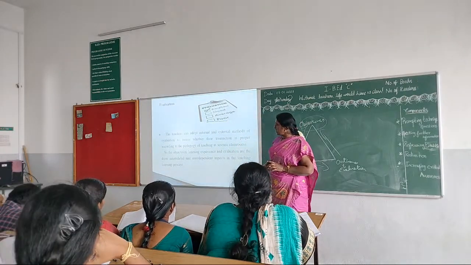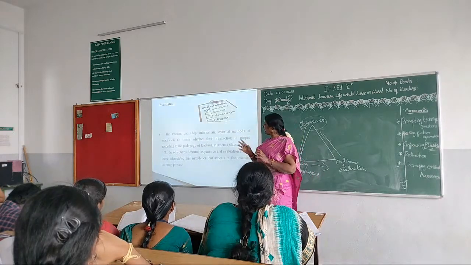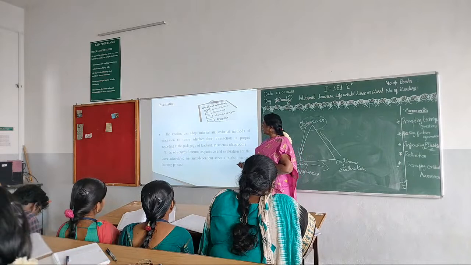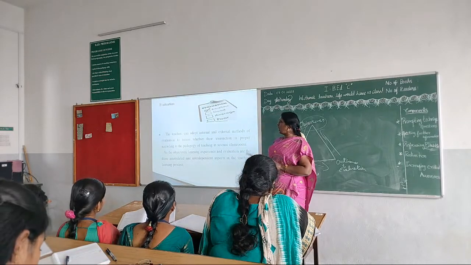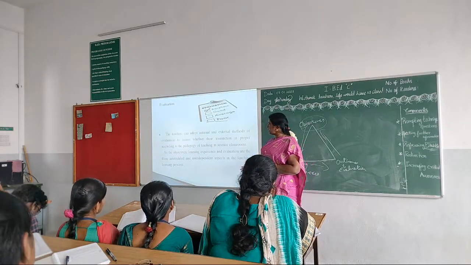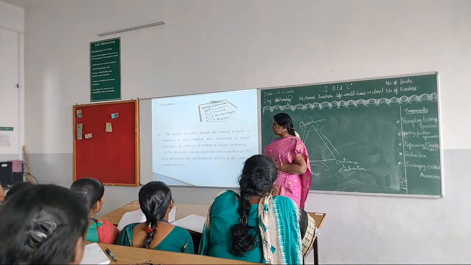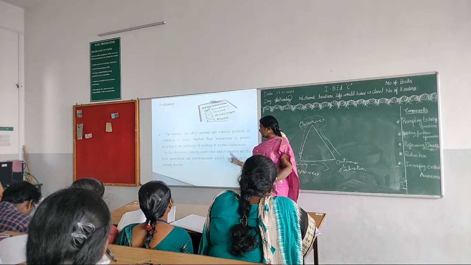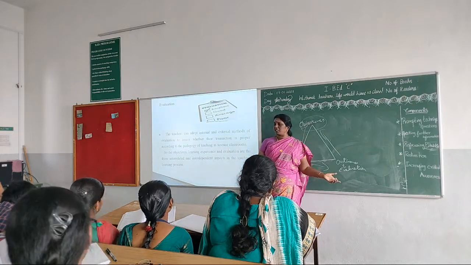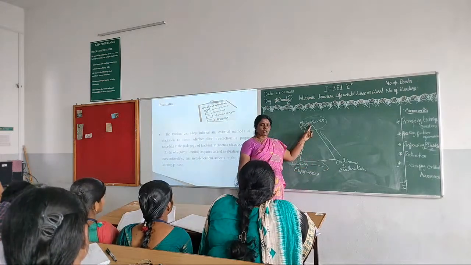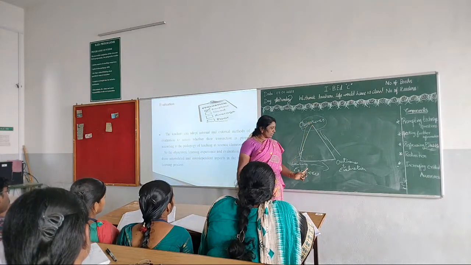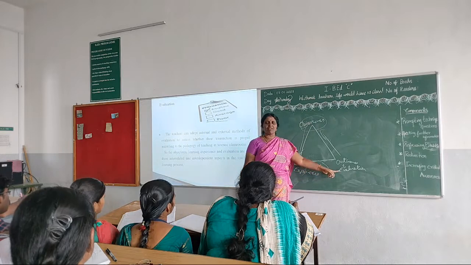Then evaluation. Here the teachers can have internal and external methods of evaluation to assess whether their interaction is proper according to the pedagogy of teaching in science classroom or the objectives. Learning experience and evaluation are interrelated and interdependent aspects in the teaching learning process. Now, already I told you at the beginning of the classroom itself, that the objective should be related to the learning experiences and evaluation.